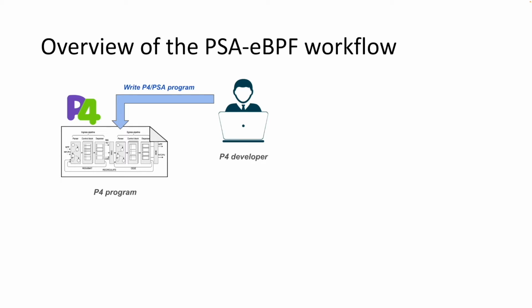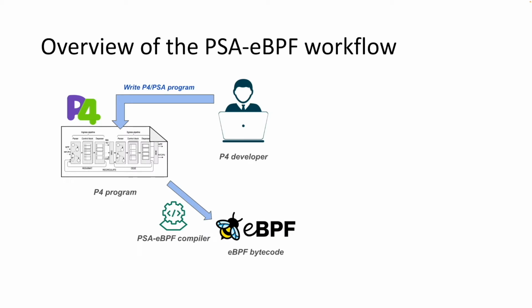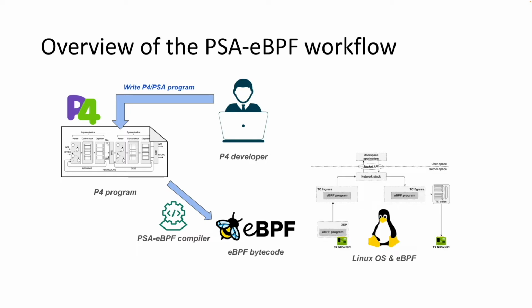The PSA eBPF workflow follows the standard P4 workflow. A P4 developer writes a P4 program according to the PSA model, and I think it's worth noticing that for PSA eBPF we don't require any custom extensions to PSA programs. Then a developer should use the PSA eBPF compiler to generate eBPF bytecode, which is intended to be injected into the Linux eBPF subsystem and attached to so-called eBPF hooks.